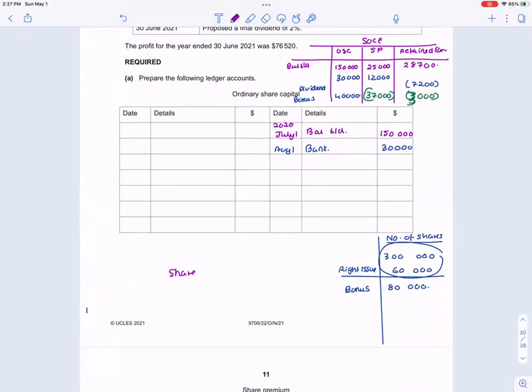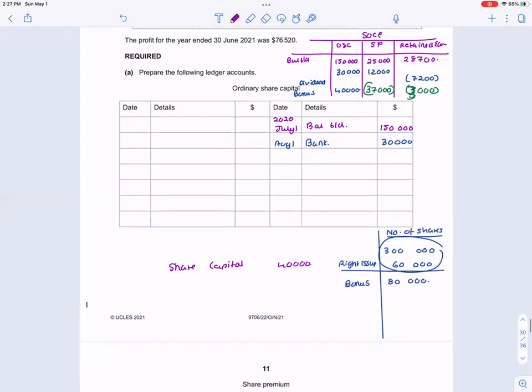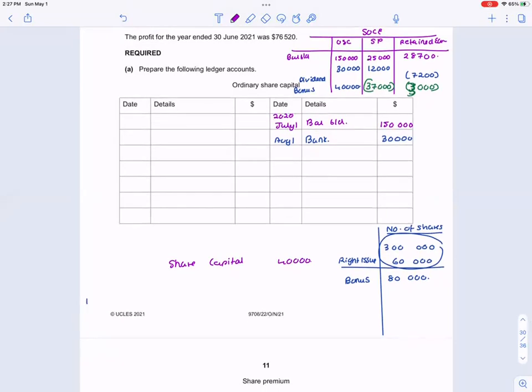Share capital will get credited for sure by 40,000. Is money coming in? No, it's going out. You are using your reserves and giving them bonus. So what are you using?